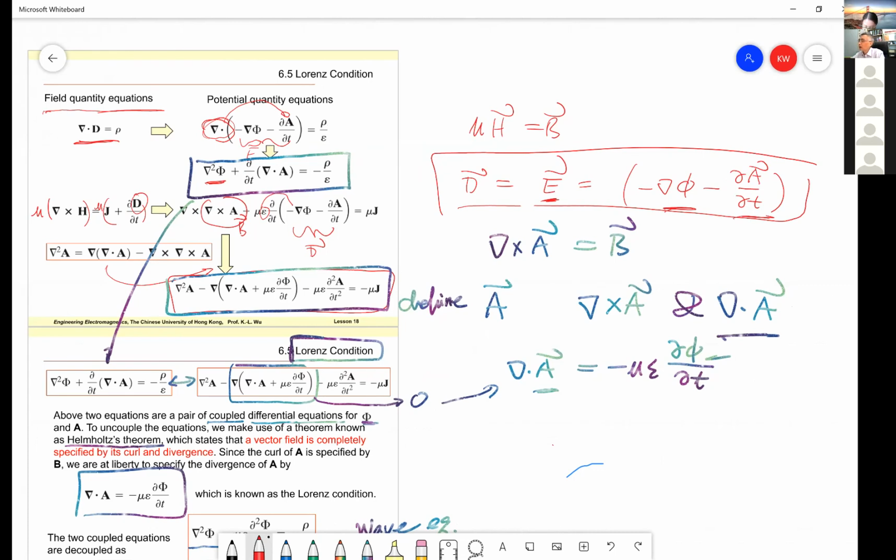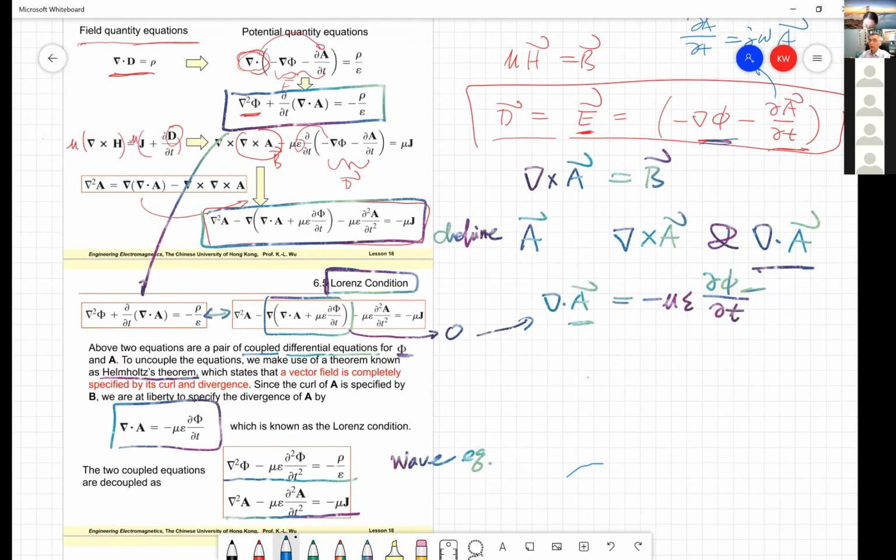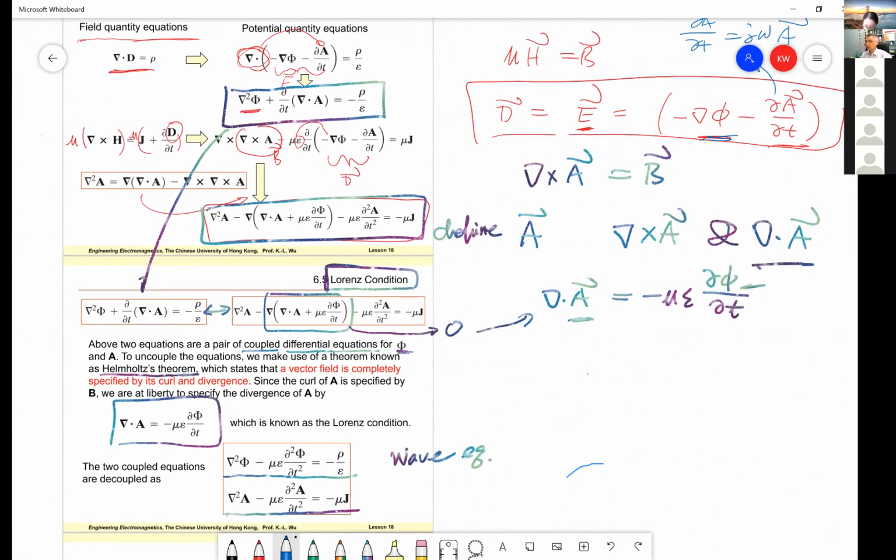Then for a time harmonic field, partial A, partial t equals j omega A, right? Then we need to find the phi, and the phi can be obtained by the Lorentz condition, okay? Because partial phi, partial t is j omega phi.